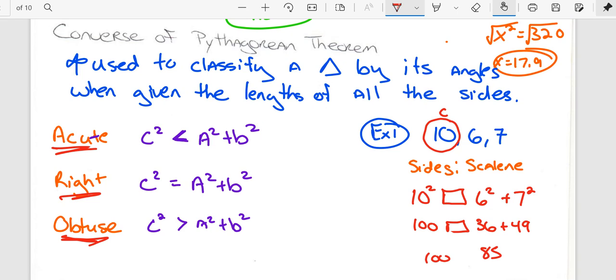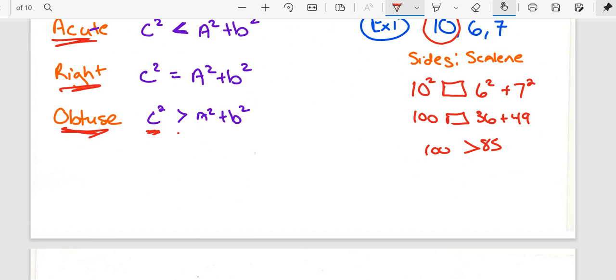So we end up with 100, and 100 is greater than 85. So let's go back to the converse. The converse said that if your c squared is greater than your a squared plus b squared, then you automatically know that the triangle is obtuse.